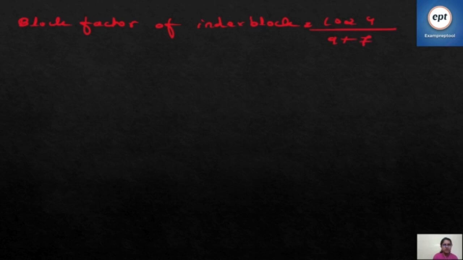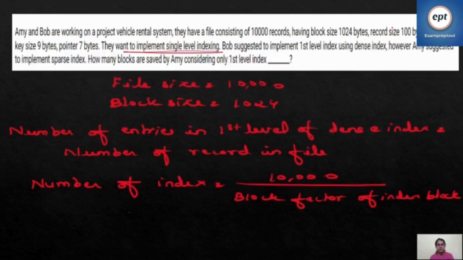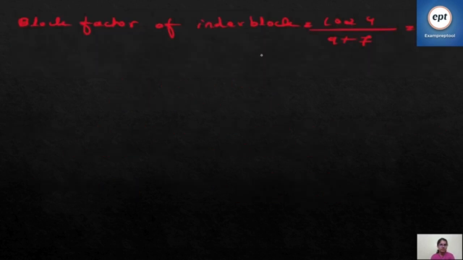If we do the calculation, it will be 64. We did 9 plus 7 because the search key is given as 9 bytes and the pointer as 7 bytes. And it will be divided into 1024, so the answer comes out to be 64.